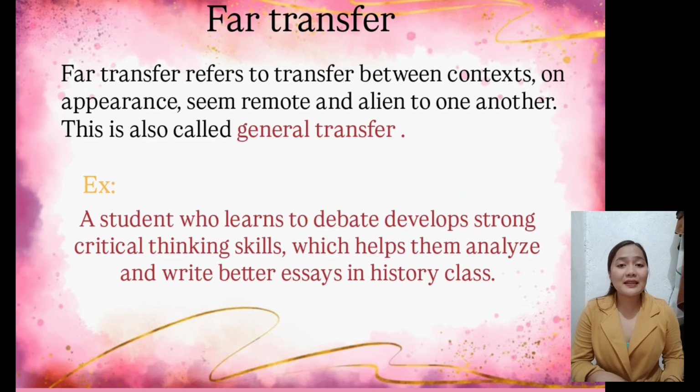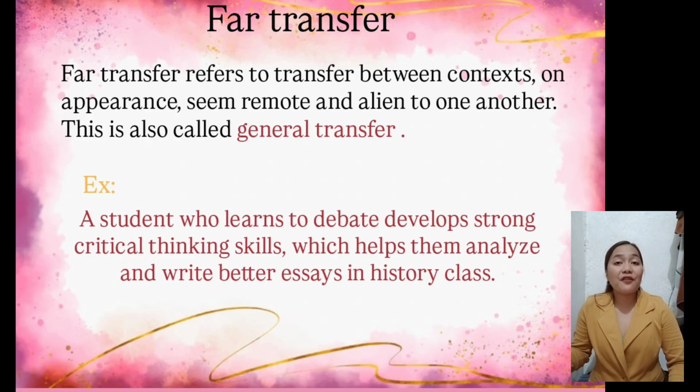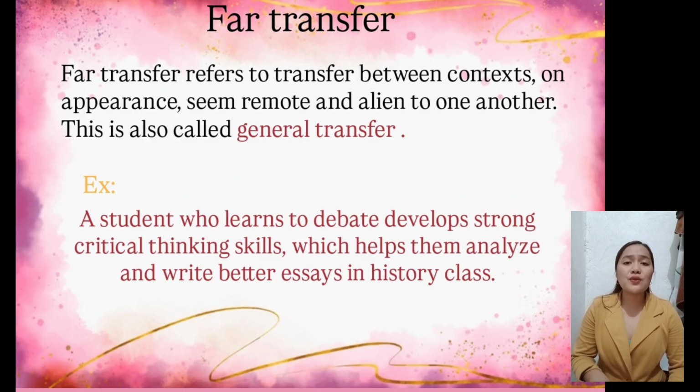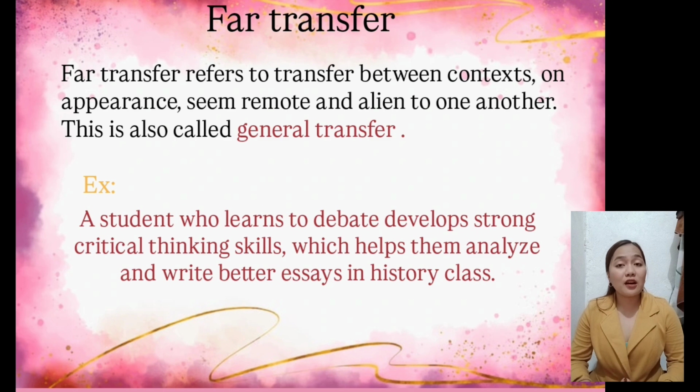These skills can help you understand and write better essays in history class, even though debating and history seem very different. So for far transfer, this is when you use what you learn in one situation to help you in a situation that seems very different or unrelated. So the two situations don't appear to have much in common at first.